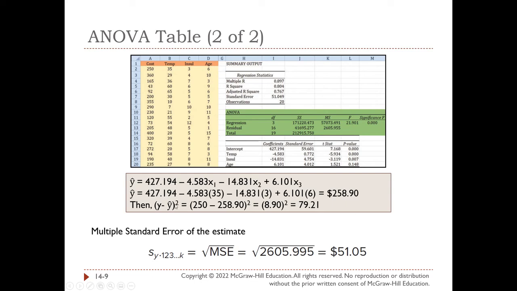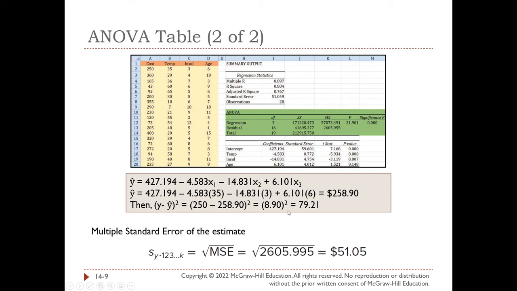Then y minus y hat squared is 250 minus 258.90 squared equals 8.90 squared. Alright, so basically they're finding the standard error right there.